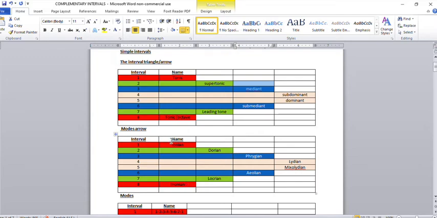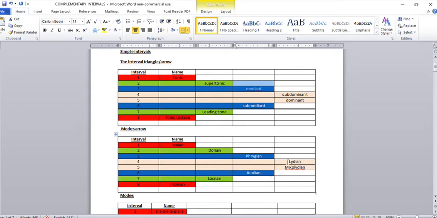Now on the second degree, you can create a Dorian mode, and its complementary mode is the Locrian mode, which is the seventh mode. The third one is called the Phrygian mode, and its complementary mode is the Aeolian mode or the natural minor.